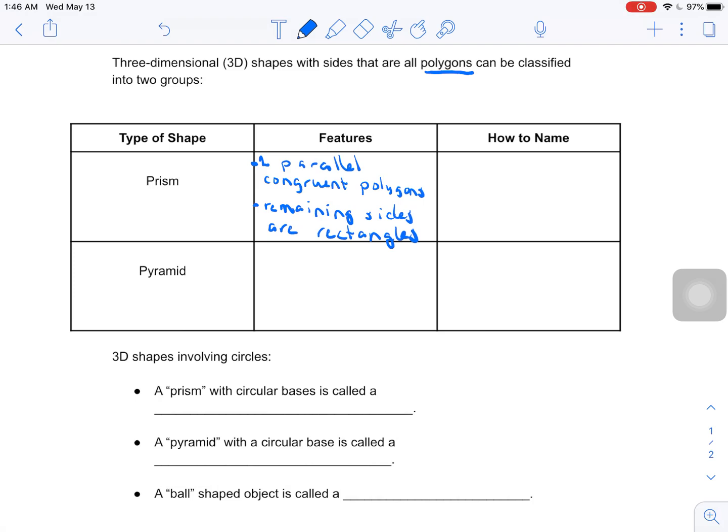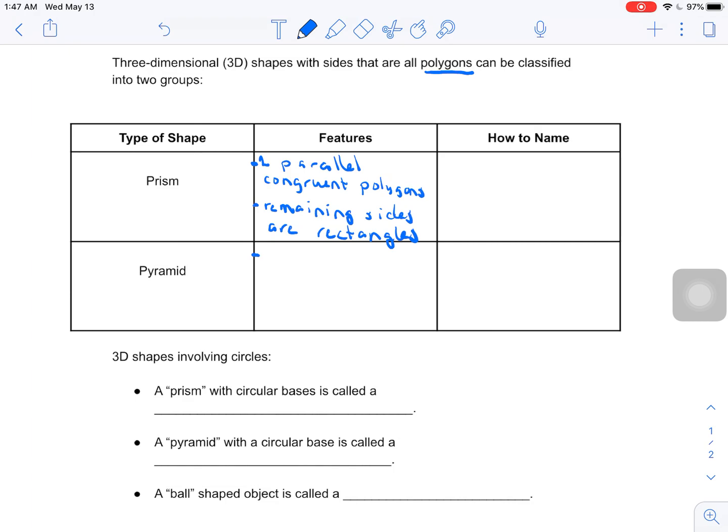So where a pyramid is different than a prism. A prism has a bunch of rectangular sides that are connecting two parallel congruent shapes. So maybe they're both rectangles or they're both triangles or they're both pentagons, and then everything between that is rectangles connecting those together. A pyramid, a lot of people when they think pyramid, they think like Egyptian pyramid.